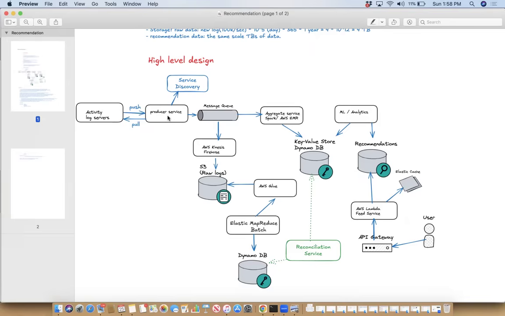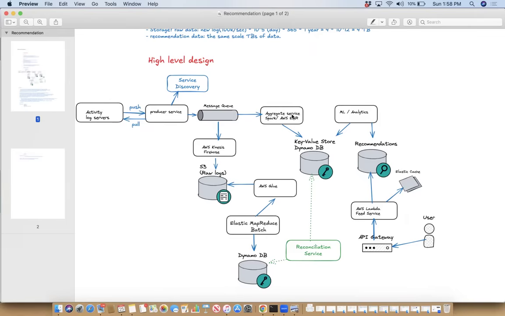The producer server might not be able to handle the processing of this huge amount of data. That is why we are going with this async design, to put things in a message queue, and then we'll have workers working on each message in a streaming fashion.